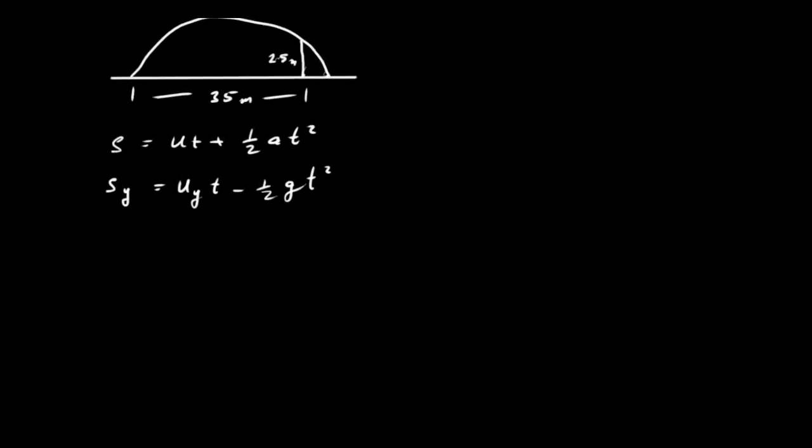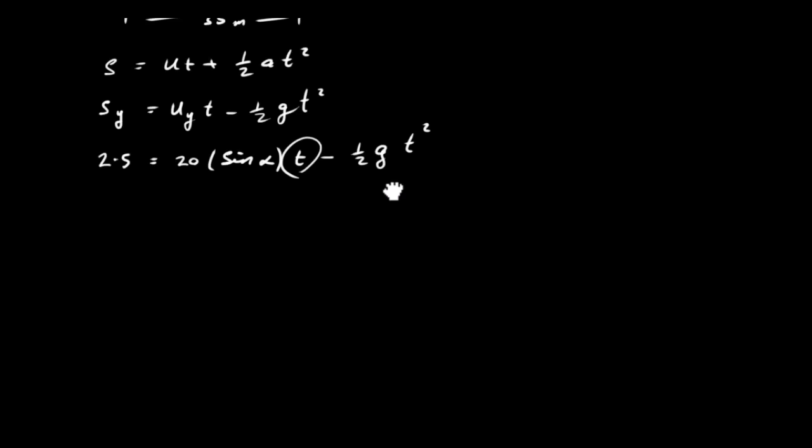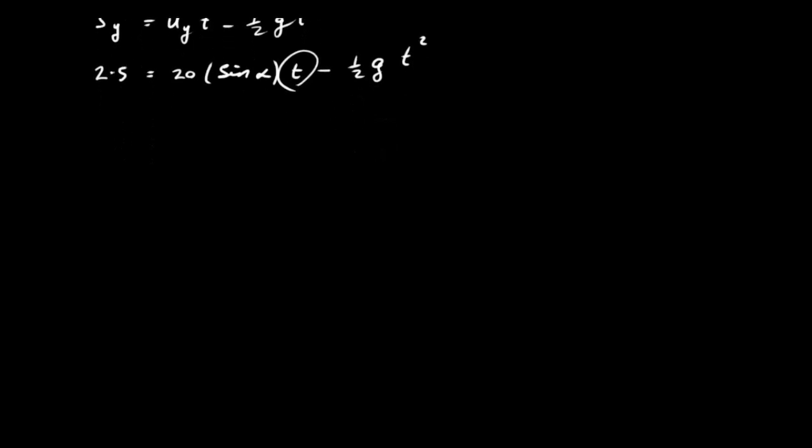We're looking for the distance in the y direction to be 2.5 meters. The initial velocity in the y direction, from part 1, is 20 sine alpha, and then we multiply all that by t, then minus a half gt squared. So I'm going to substitute in what I got in part 1, and then we should be able to work out alpha from that.